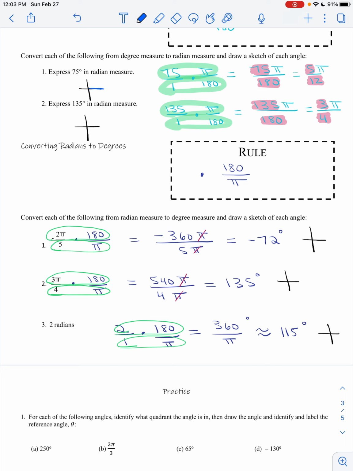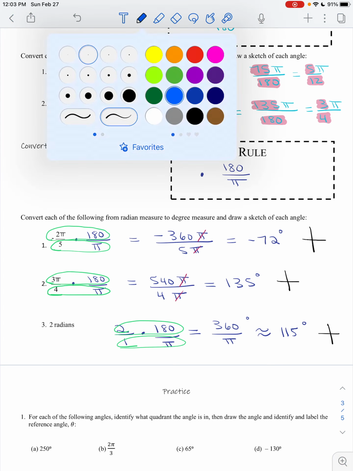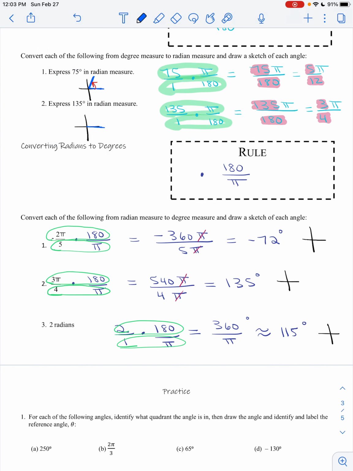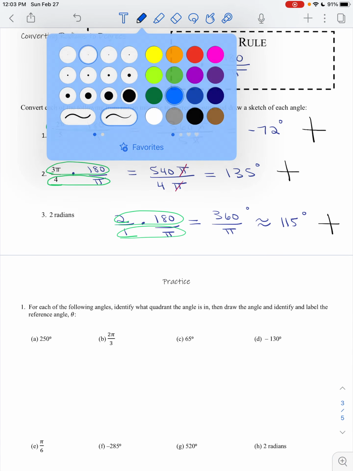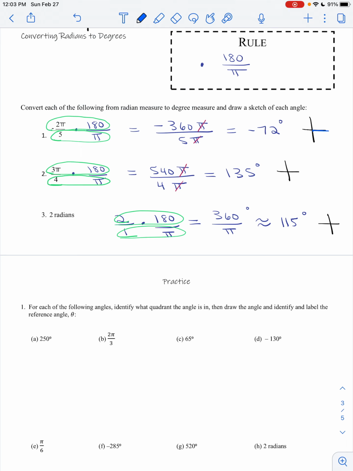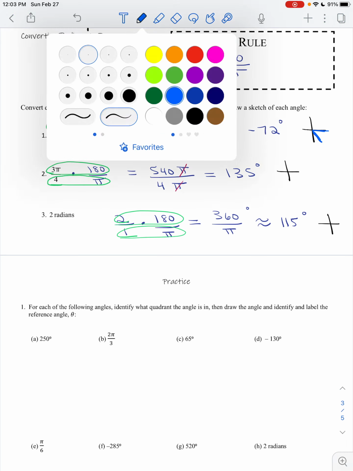So 75 degrees would be somewhere in quadrant 1, like this. 135 would be somewhere like that. Negative 72, remember now we're going clockwise.